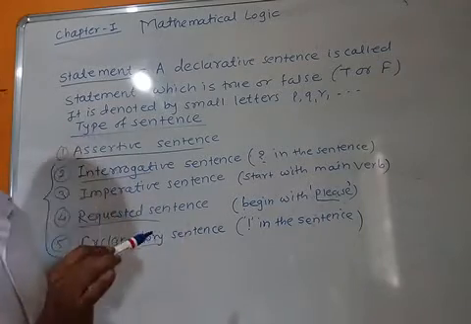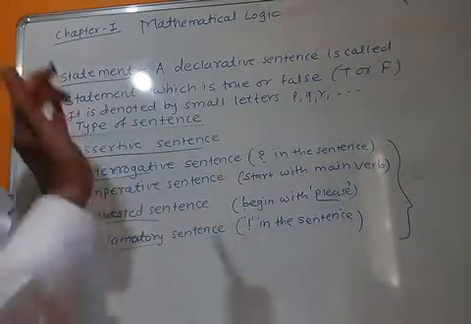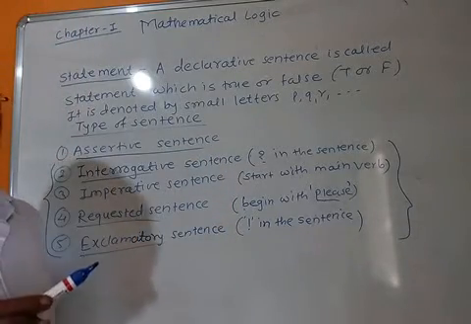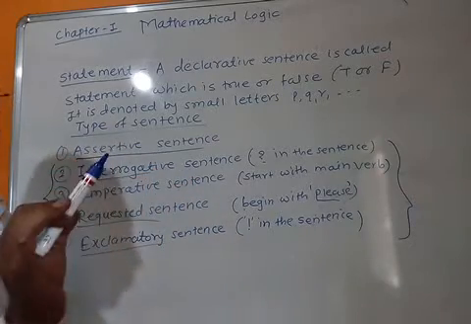Only the assertive sentence is a statement; those 4 types of sentences are not statements. Understand? Look here, that is the basic point.